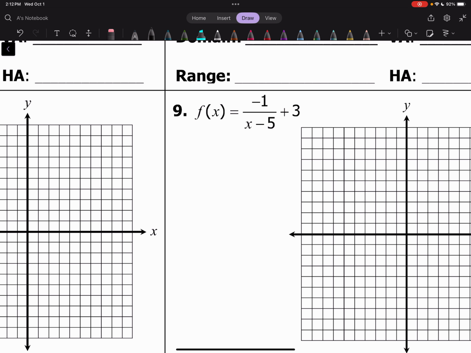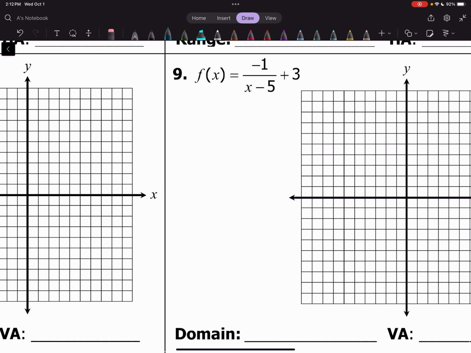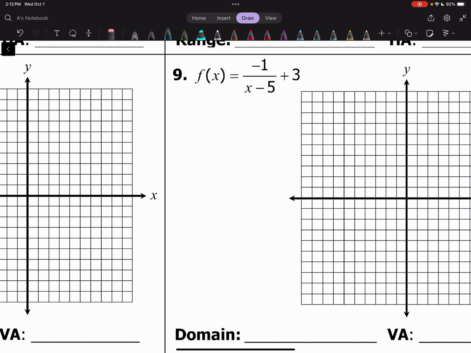Number 9. I'm going to start by identifying the transformations and my h and k value. So first, my negative here is a reflection over x.